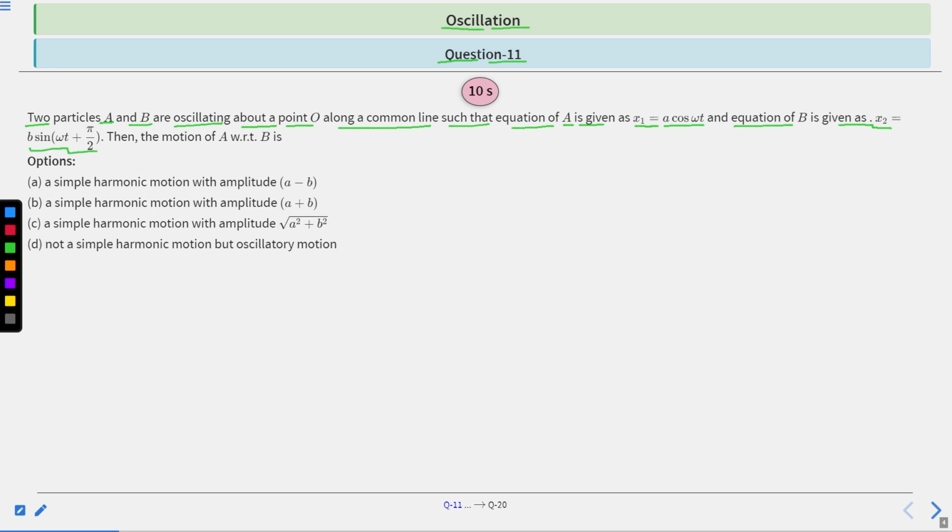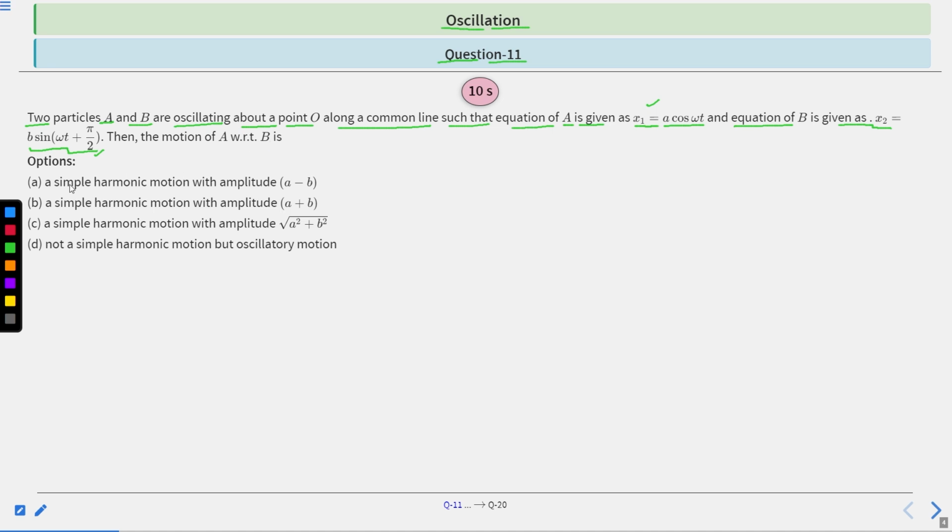So there are two equations, x1 is this and x2 is this. Then what is the motion of A with respect to B?